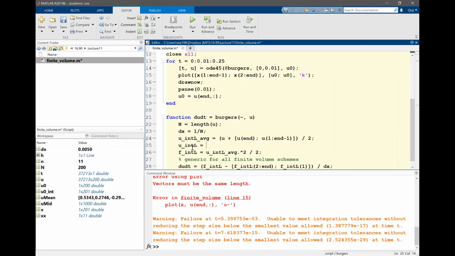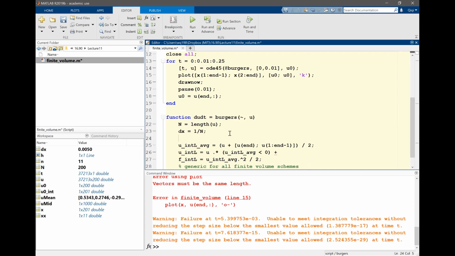So my U at the interface is going to be U itself, which lies on the right of the left interface.